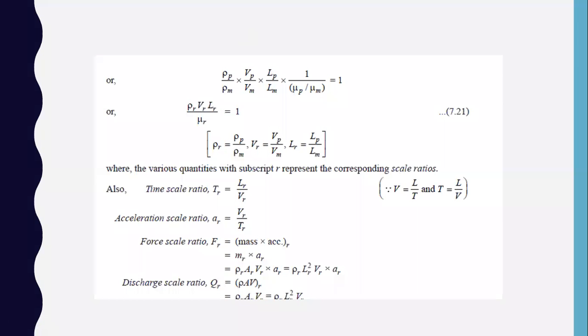Then we will rearrange and find the scale ratios for the density, the velocity and the length. Next, we find the time scale ratio and the acceleration scale ratio. So these are the general formulas. And then the force scale ratio, and then we form the discharge scale ratio.